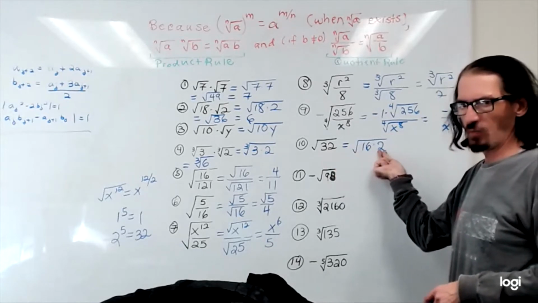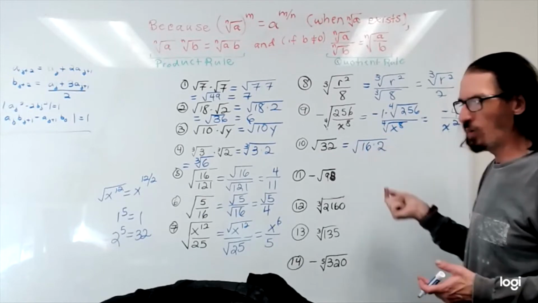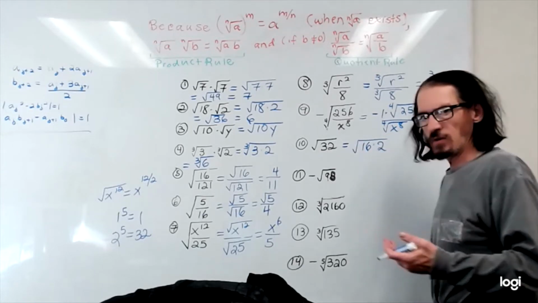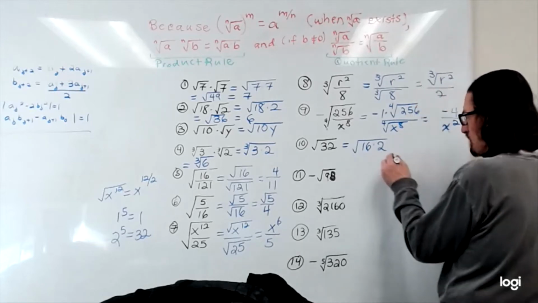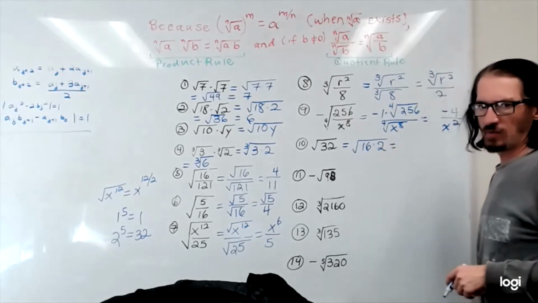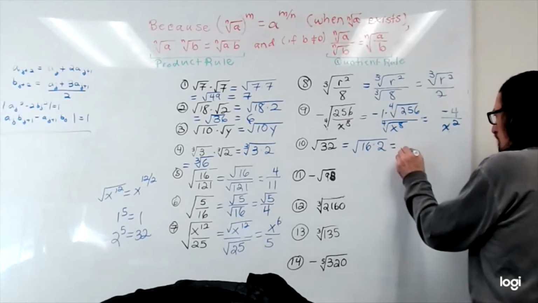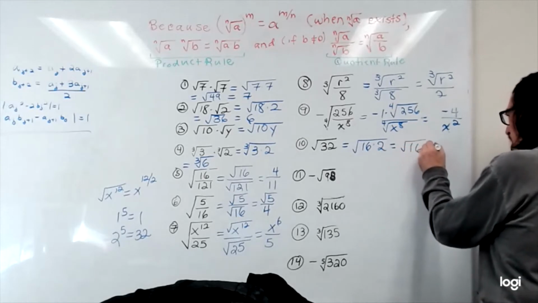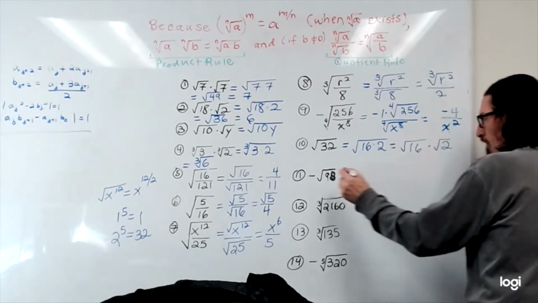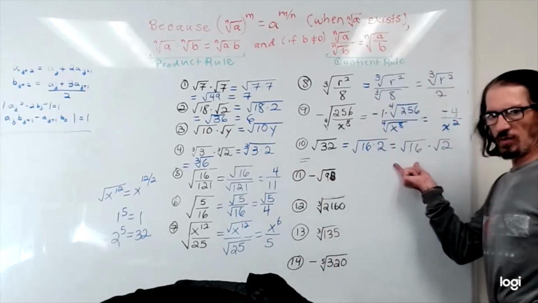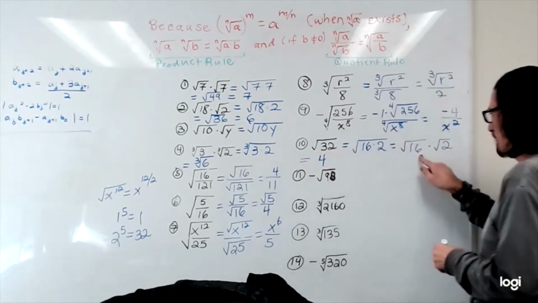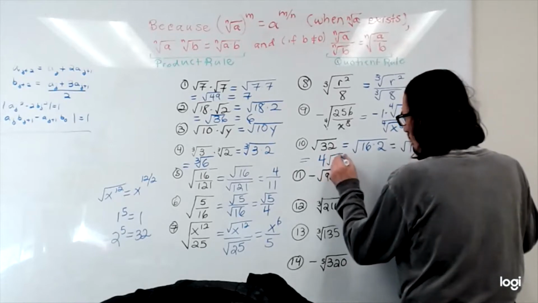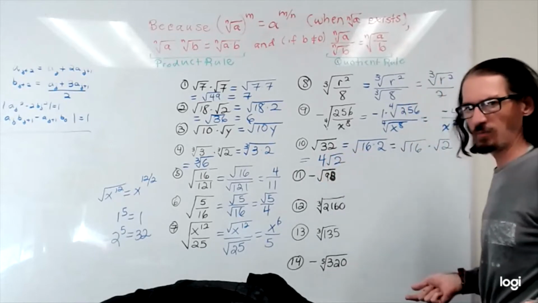And the only perfect square that goes into 2 is 1. We can talk in class about some other options about how to look at this, but it boils down to breaking that as 16 times 2, break up into individual square roots, take the square root of the part that you can, the perfect square, square root of 16 is 4, and then times square root of 2, which we can't do anything to simplify.